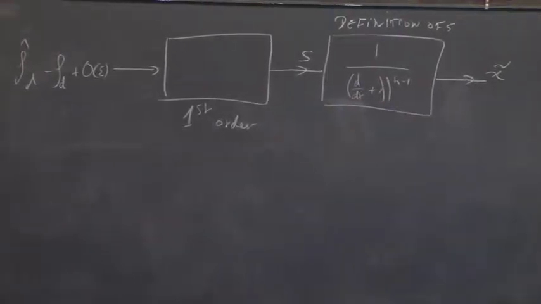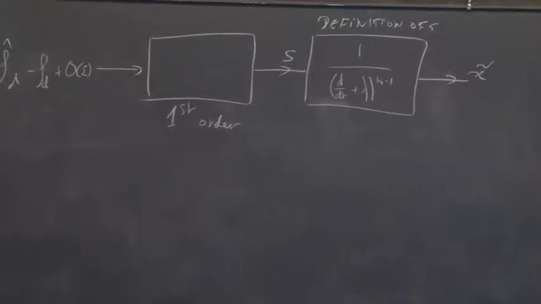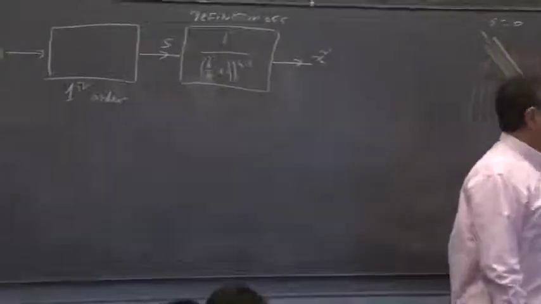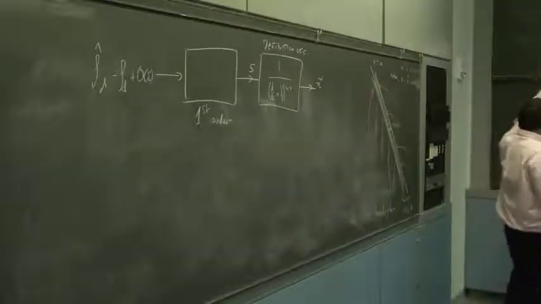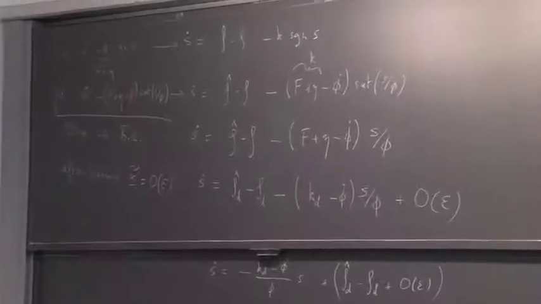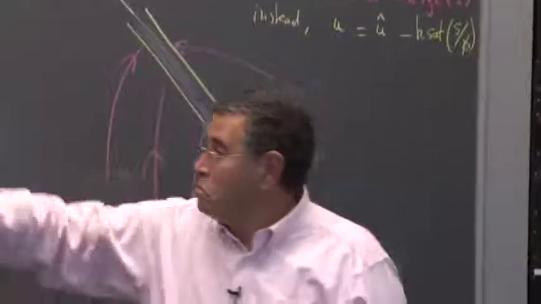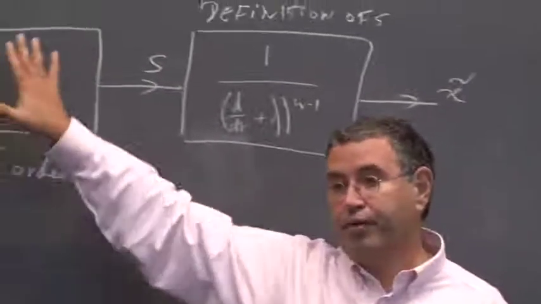Again, this is just meant to analyze what's going on. It's not meant to be implemented in your computer. What's implemented in the computer is the control law. Okay, so here we have this n minus 1th order filter. And here we have this first order dynamics.